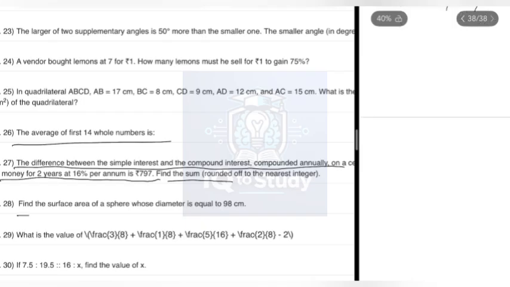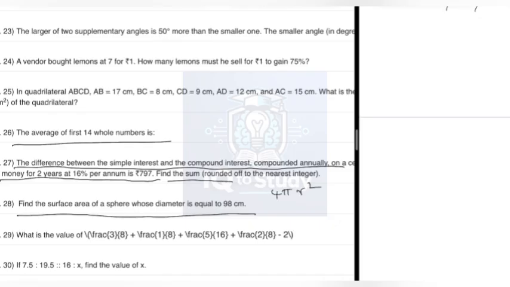Find the surface area of a sphere whose diameter is equal to 98 centimeters. The formula of surface area of a sphere is 4 pi r square. So 4 into pi value is 22 by 7 into, here d is given as 98.